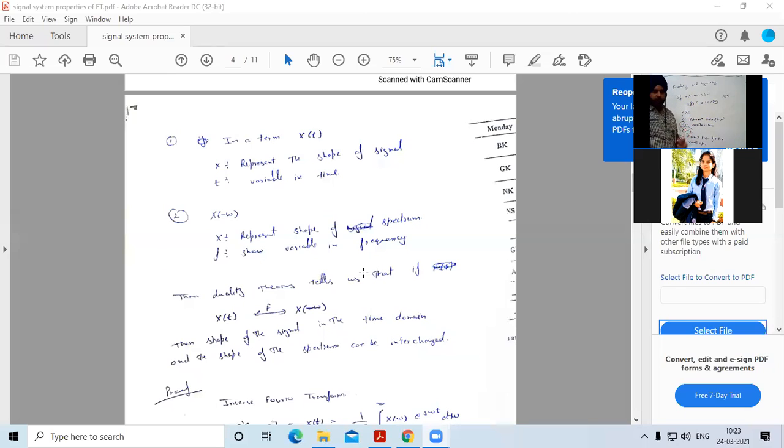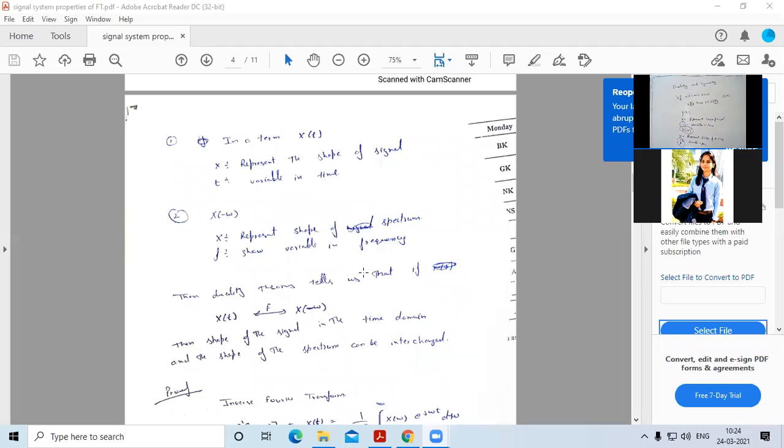So what does the duality property say? That x(t) must be interchanged by X(omega). That means the shape of the signal in the time domain and the shape of the spectrum can be interchanged.